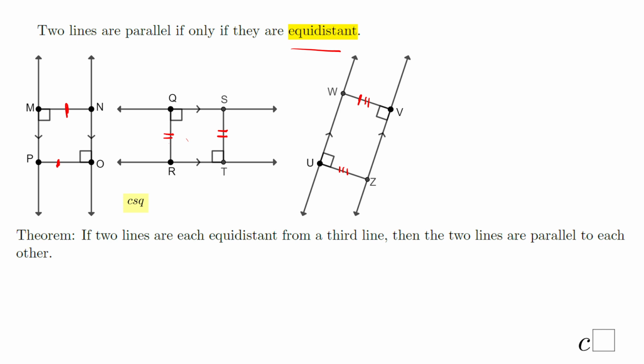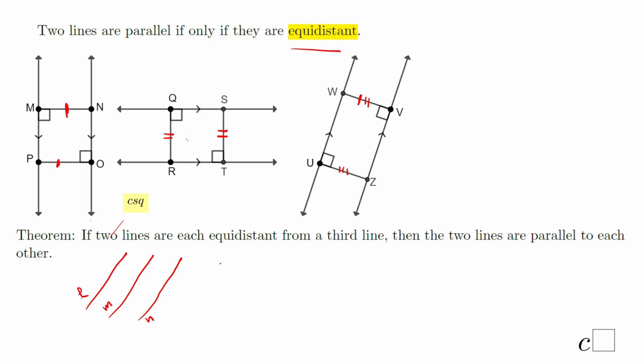Another theorem here: if two lines are each equidistant from a third line, then the two lines are parallel to each other. So what do I mean by that? Look here. I have these two lines, L and M, that are parallel, or equidistant, from a third line, N. Then the two lines are parallel to each other.